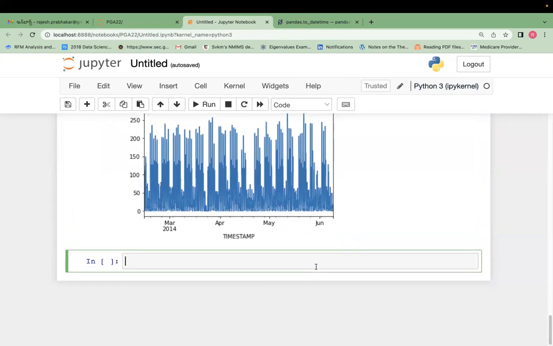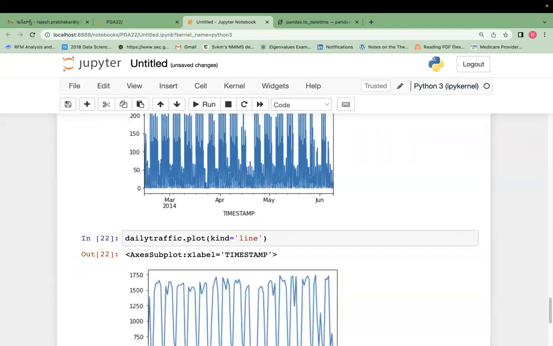Similarly, daily traffic dot plot, kind is equal to line.